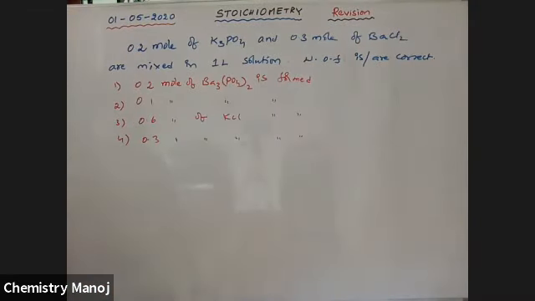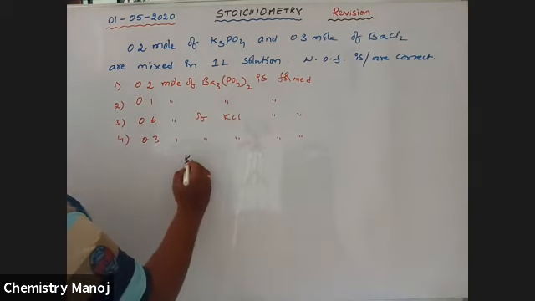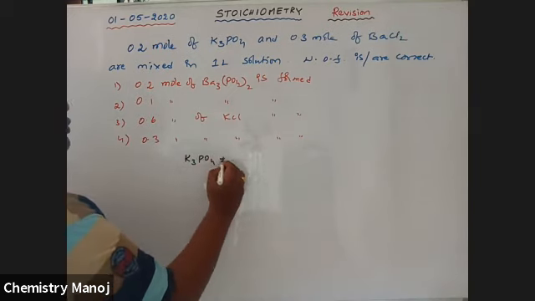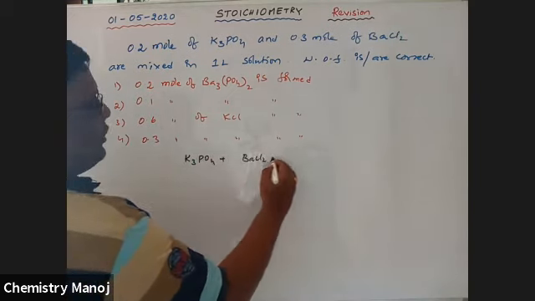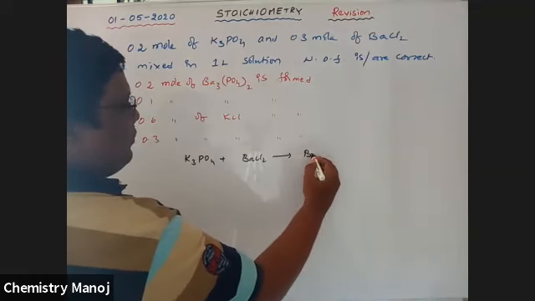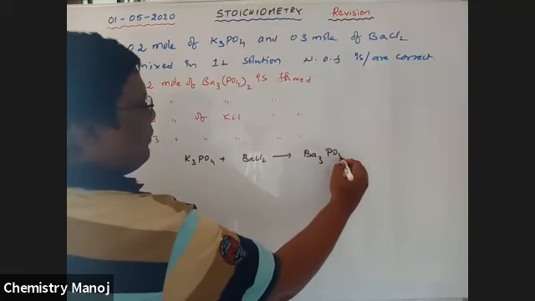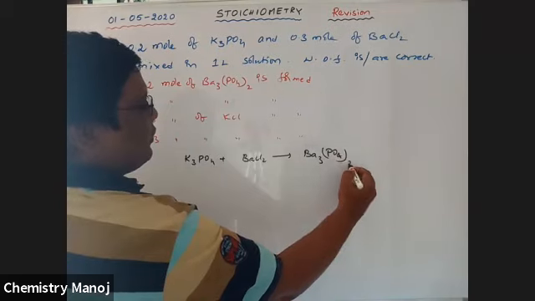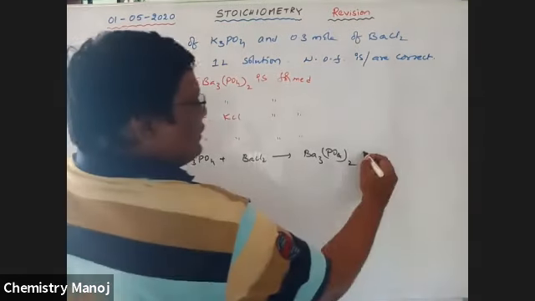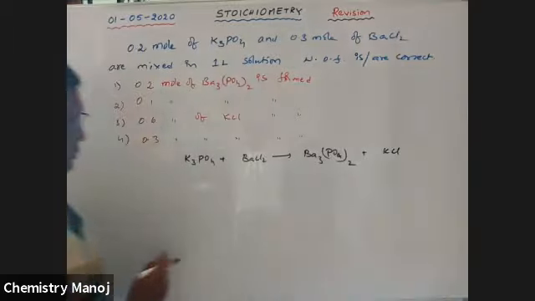So write down the equation. K3PO4 plus BaCl2 gives Ba3(PO4)2 plus KCl.